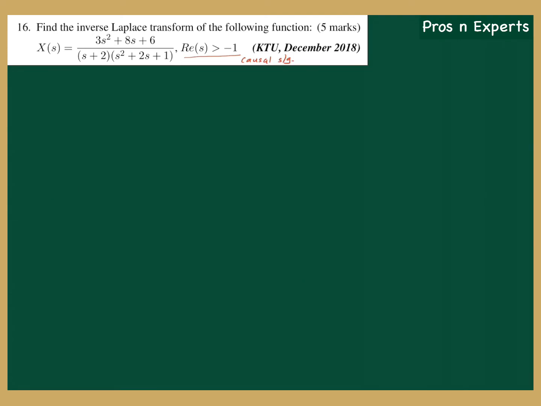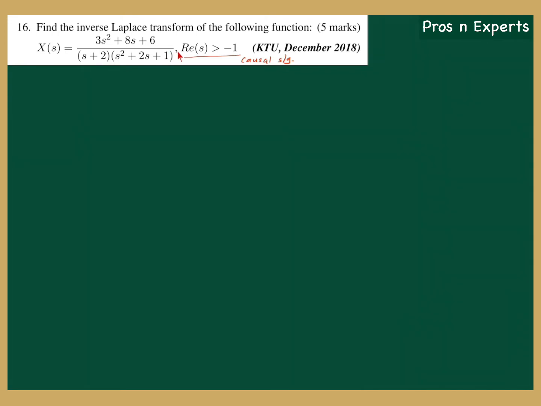Now let us see what is x of s. So x of s has a numerator polynomial and a factor in the denominator, s plus 2, and a polynomial in the denominator, s square plus 2s plus 1. First of all, never get scared of such polynomials. Whatever be in the numerator, you don't actually have to take care of it. In the denominator, if you find a polynomial, find a way to factorize it if possible.